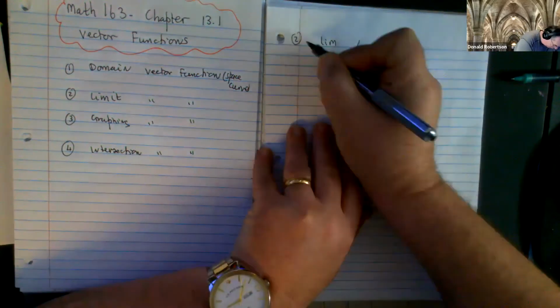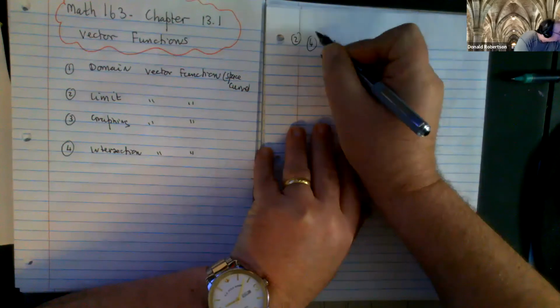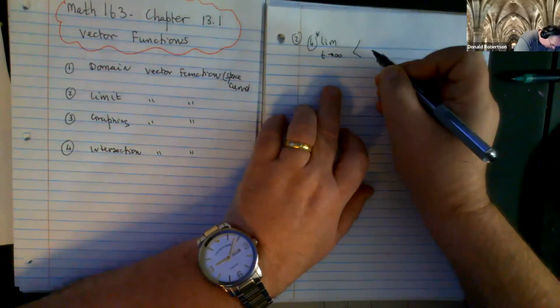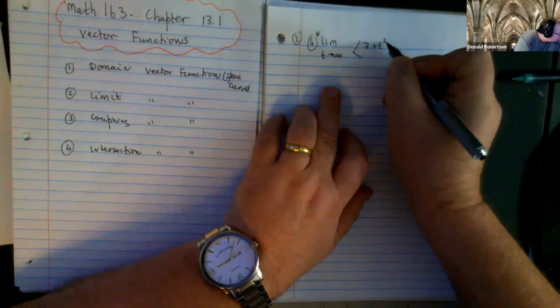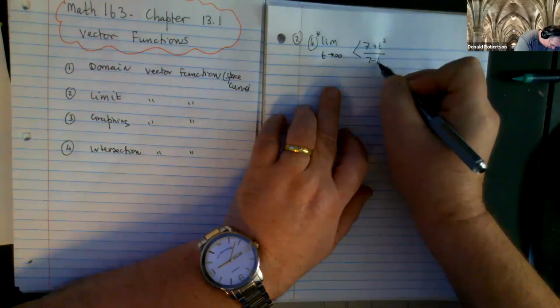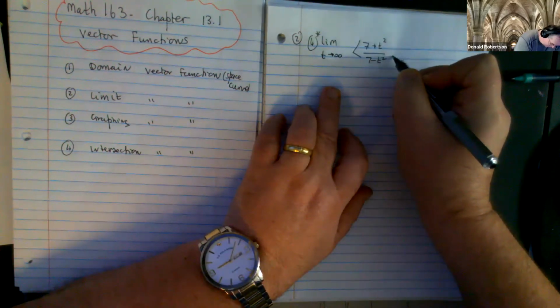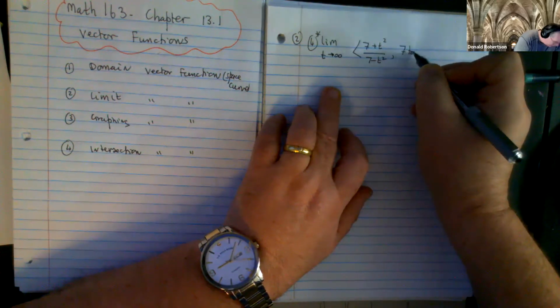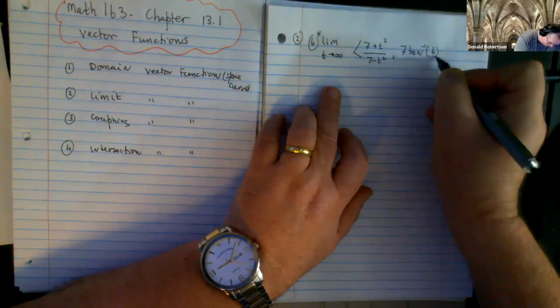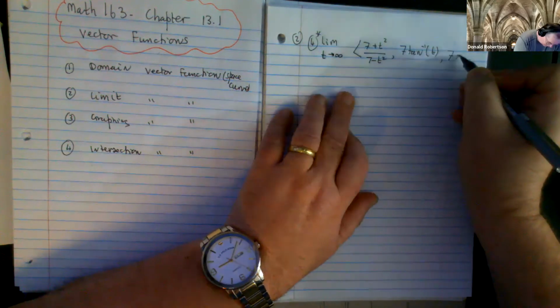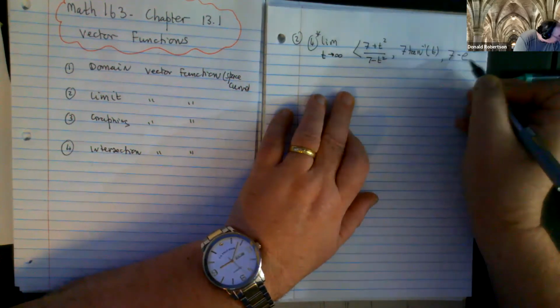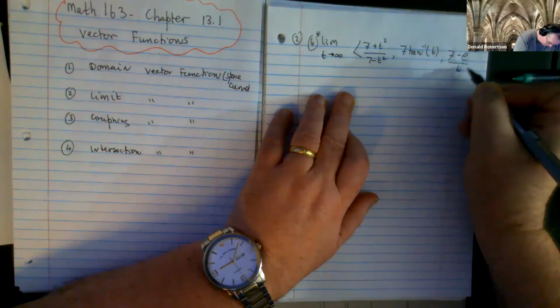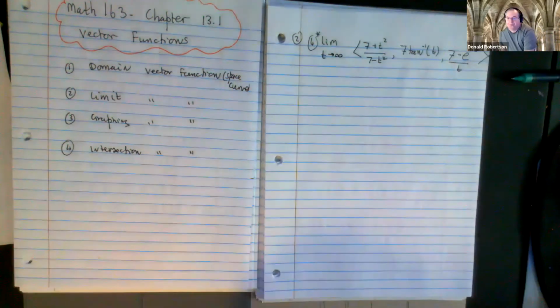This is question 4. 7 plus t squared over 7 take away t squared, 7 times the inverse tan of t, and 7 take away e to the -2t over t. Right. First time probably everybody here has ever seen that kind of weird limit.